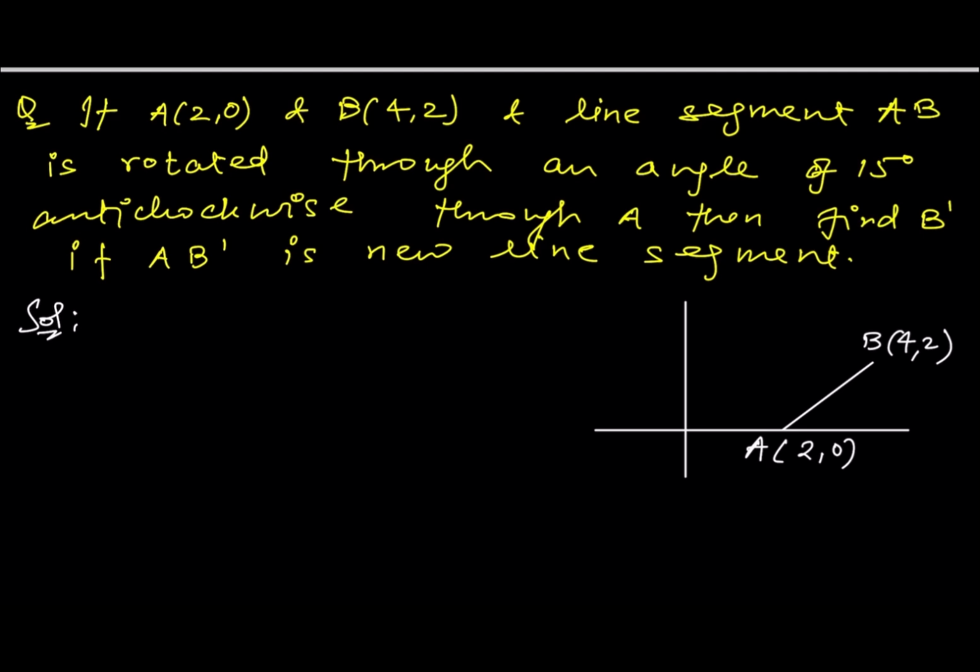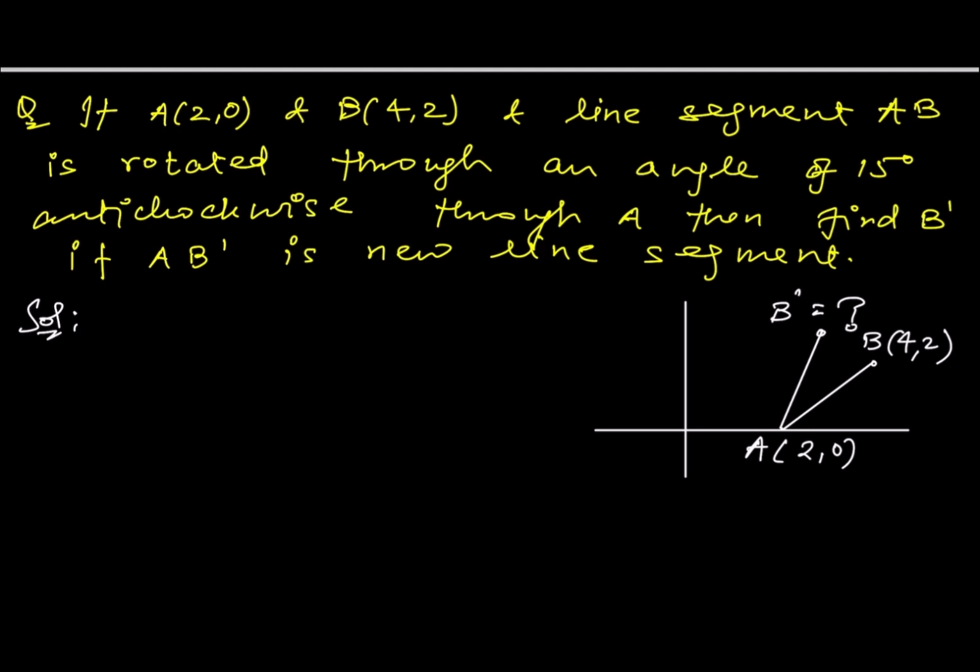Now AB is rotated through an angle 15 degree anti-clockwise, and by doing so the position of B changes and it becomes B dash, right? So I have to find this B dash. You remember one question I discussed in an earlier lecture.